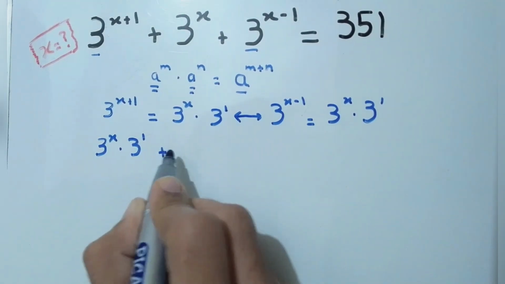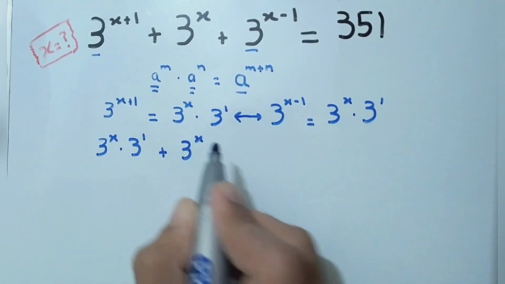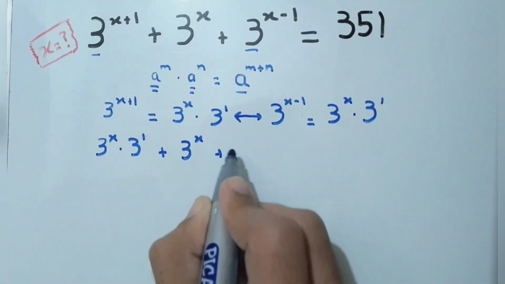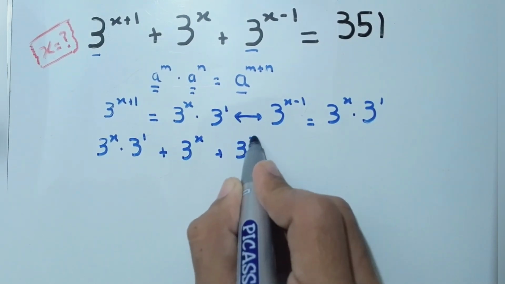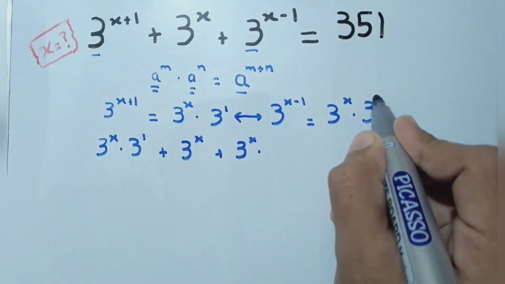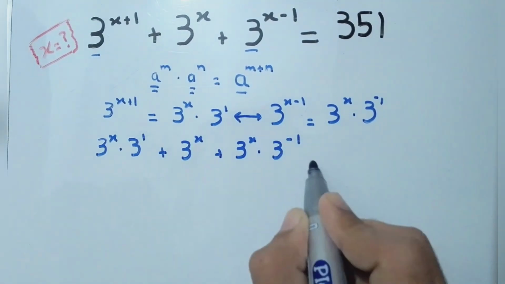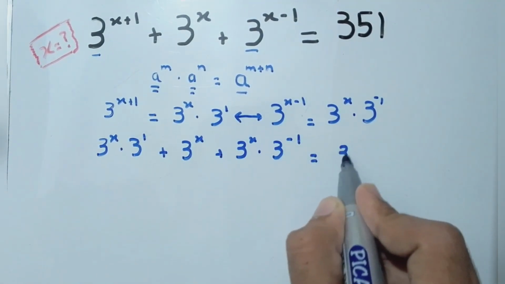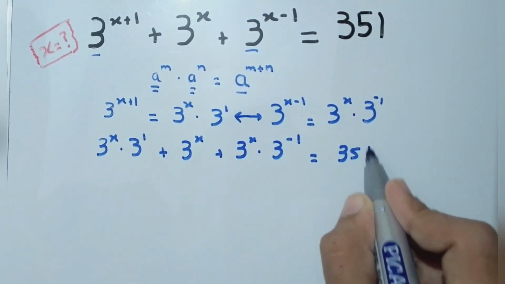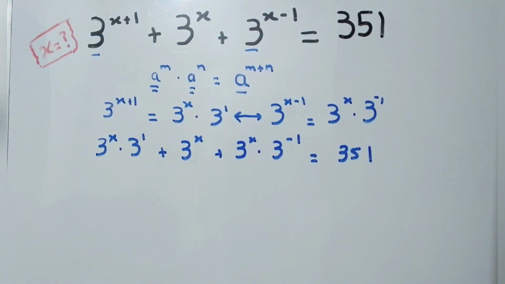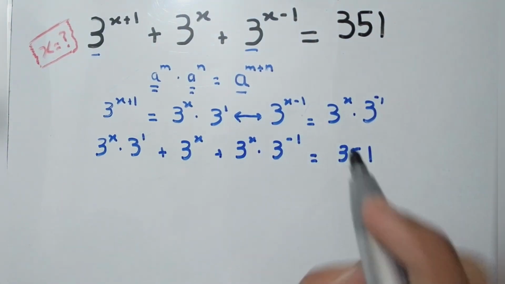Then add 3 raised to power of x that was already present, and after that 3 raised to power of x multiplied by 3 raised to power of minus 1. This whole thing is equal to 351. You see how easy that was, and later we would also do something with this box.